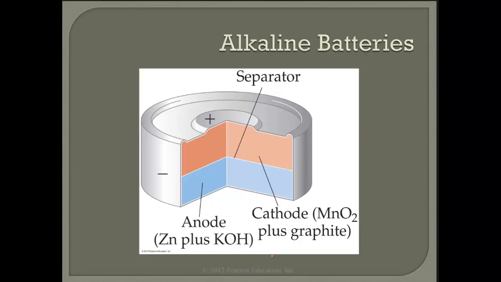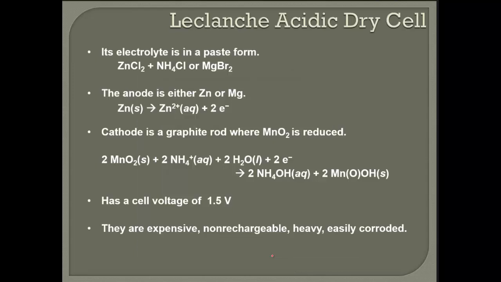For the remainder of this video, we're going to talk about applications such as batteries and plating of metals to prevent corrosion. In batteries, you have an electrolyte that's a paste and an anode and cathode that are solids.